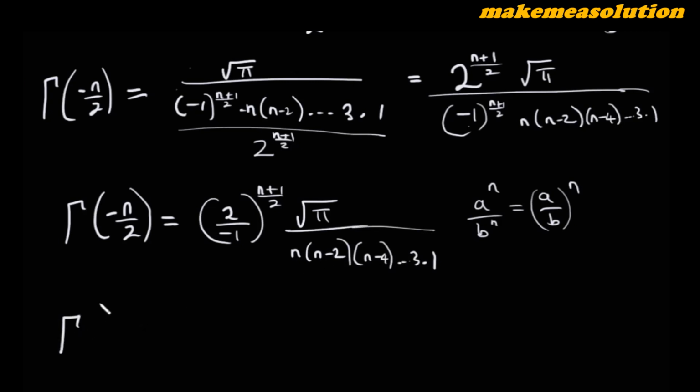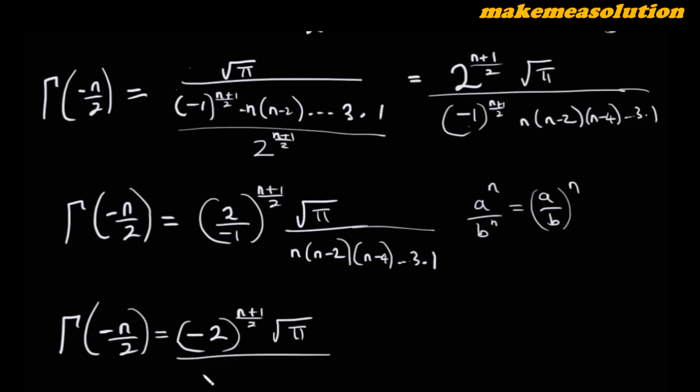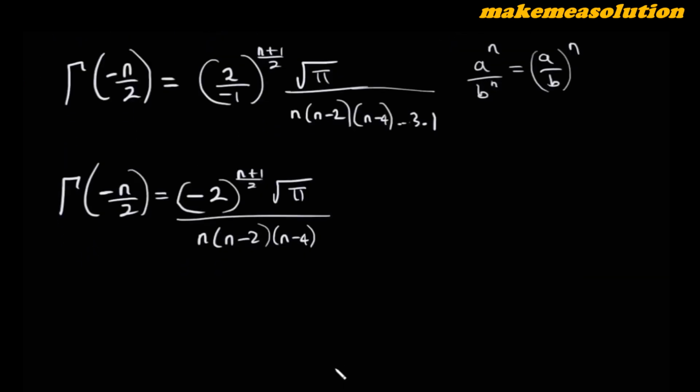So this formula finally can be written in this form: minus 2 raised to the power of n plus 1 over 2 root pi over the product of odd numbers, which is n minus 2, n minus 4, and 3, and 1.